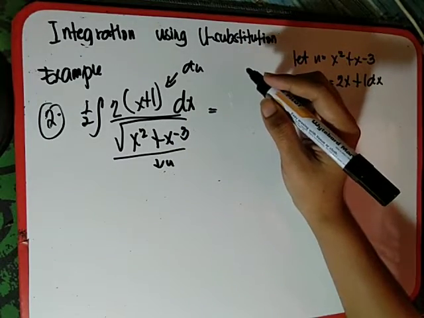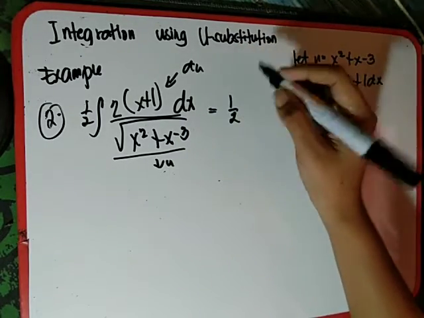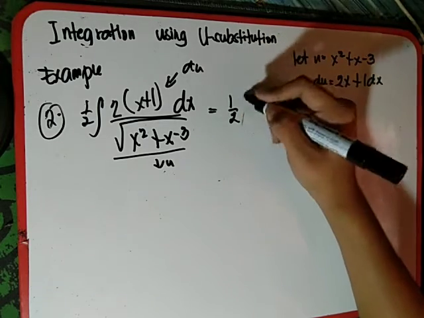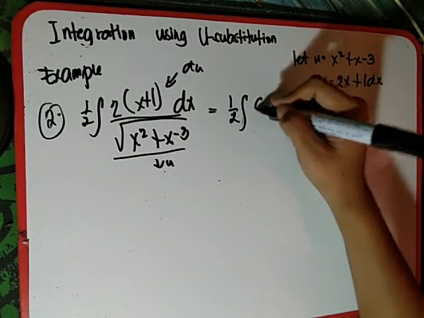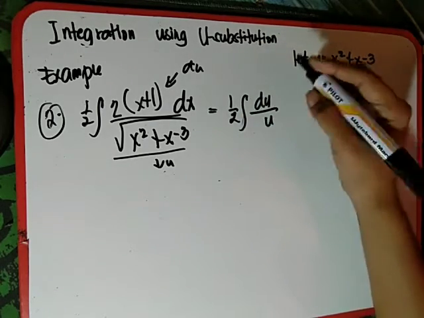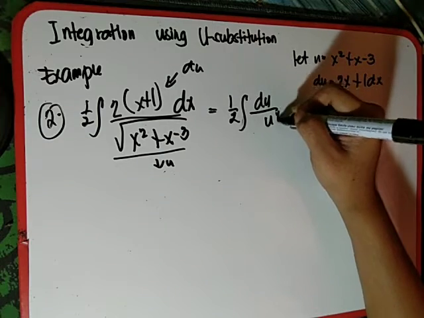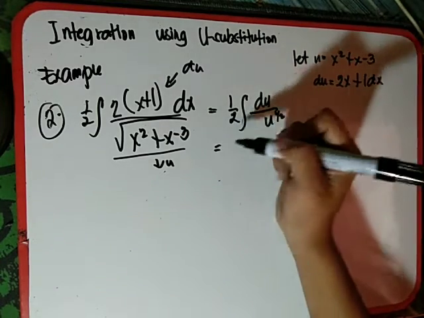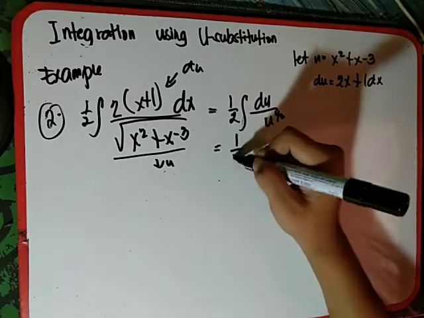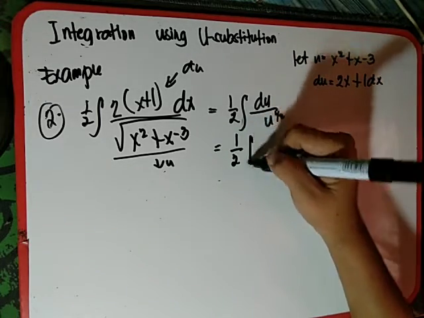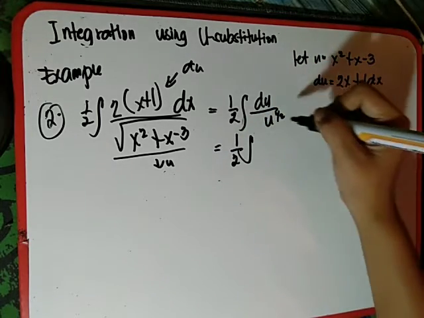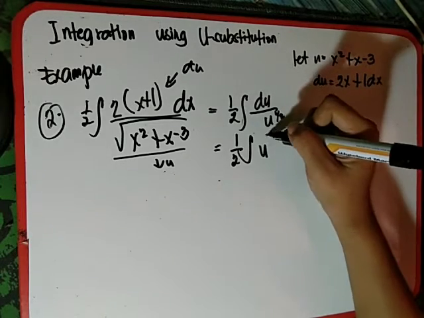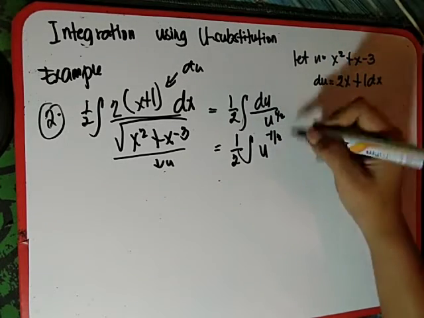So we have 1 half integral of du over u raised to 1 half. 1 half integral of, we have to transpose u, so we have u raised to negative 1 half du.